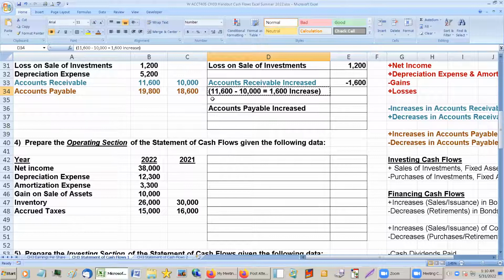I'm going to copy this. $19,800 minus $18,600. What is that? 1,200. The liabilities go in the same direction.